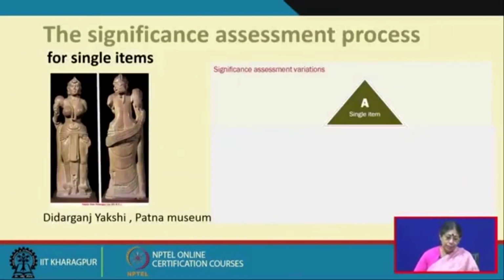Let us take this example. This is a very famous piece of sculpture known as the Didarganj Yakshi, located in the Patna Museum. It is made out of a simple piece of marble stone and is more than 6 feet high, and it was discovered by chance in a place called Didarganj, and that is why it is known as the Didarganj Yakshi. There is a controversy about what time historically it belongs to, but most people say it is from the Ashokan times.